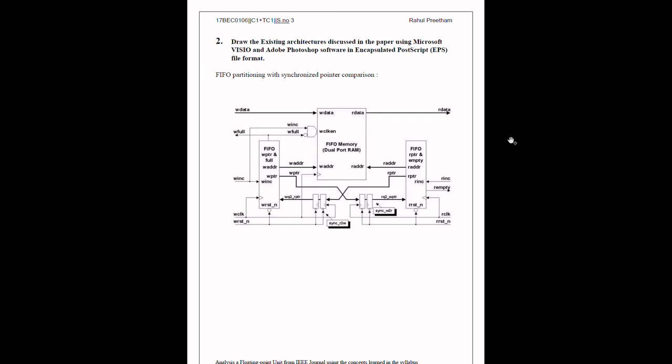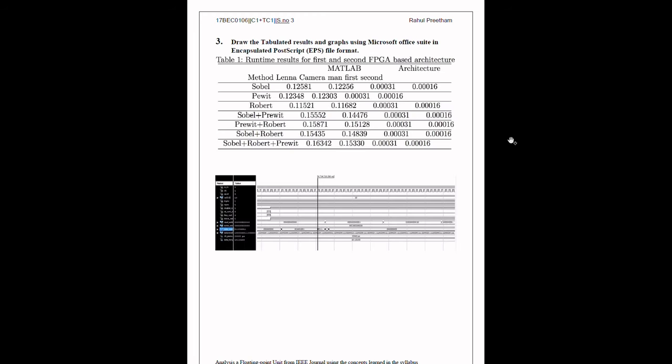Now let's see the hardware of the system. This uses a FIFO partitioning with synchronized pointer comparison. Here you can see the different memory systems in this device. Given here are the runtime results for different inputs simulated in MATLAB.